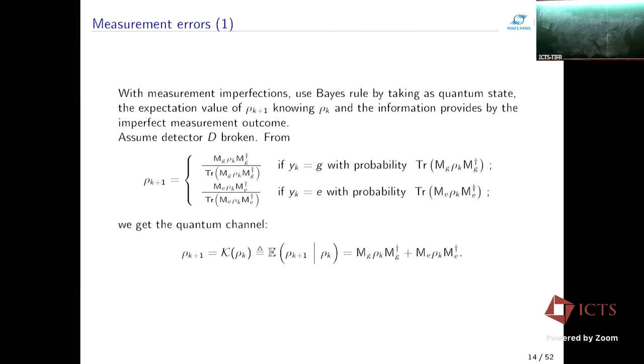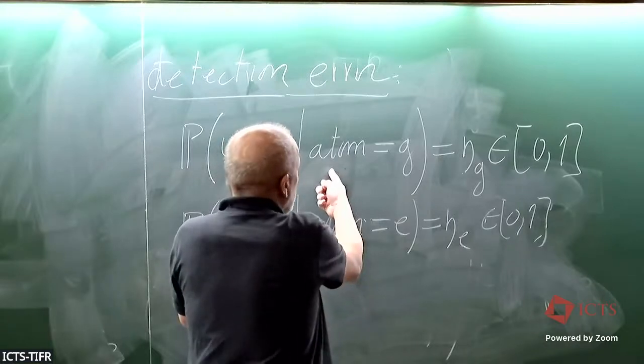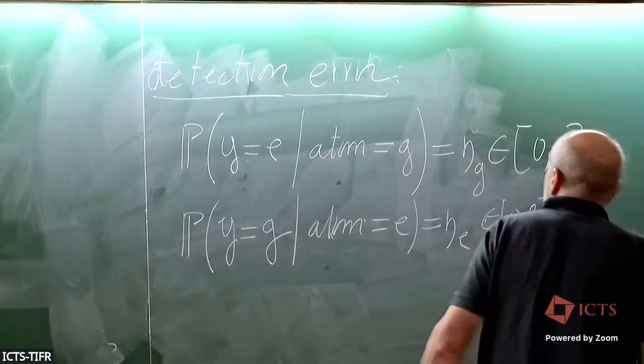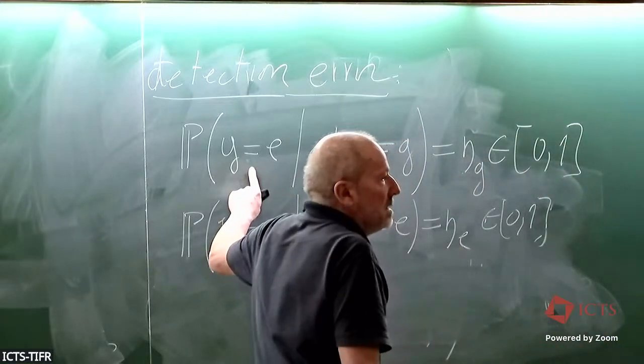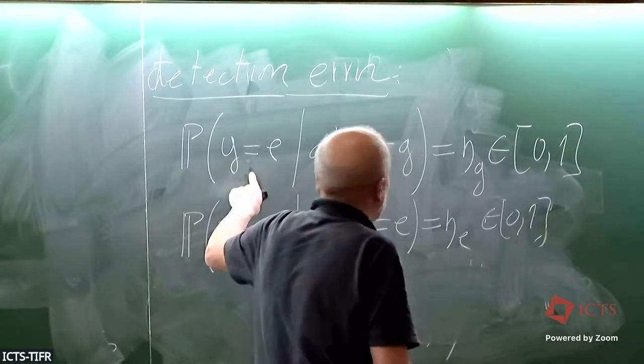They do not depend on rho k. But in my computation, since I block rho k, I will in fact always assume that the probability depends on rho k. I just want to have the reverse one. Because I want to have the probability that the atom is in G, knowing that I have detected Y in E. And what is the probability that the atom is in E, knowing that I have detected E?